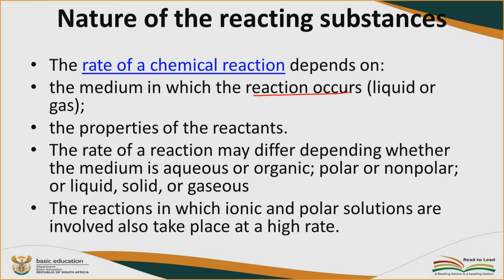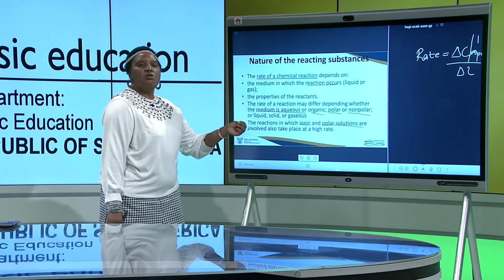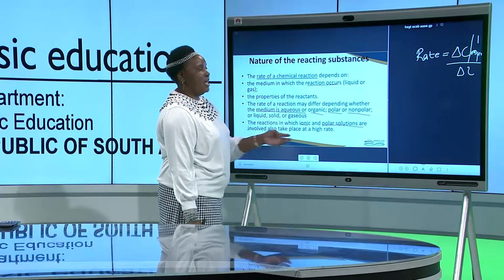Rate of reaction will differ depending on the medium, whether it is aqueous, whether it is organic, polar, or non-polar. These are the terms that you are familiar with, that you have learned in grade 11. The reaction in which ionic and polar solutions are involved will make the rate of reaction higher.